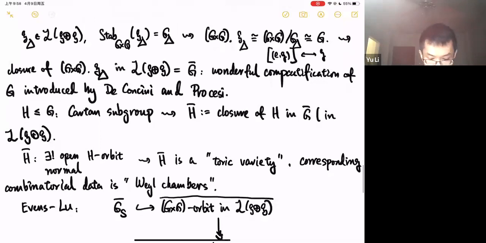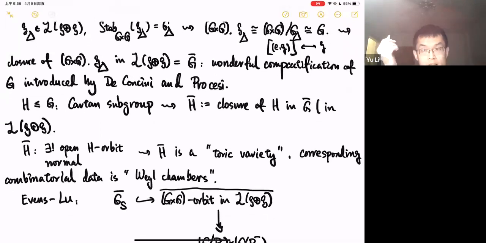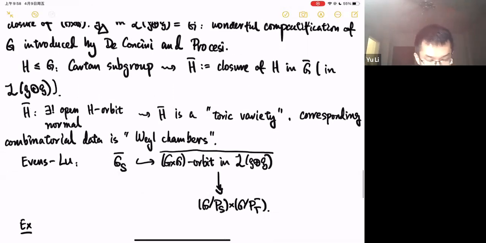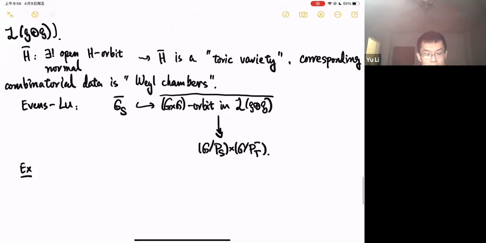Then if H is a Cartan subgroup, we can take the closure of H inside G bar or inside the variety of Lagrangian subalgebras. This H bar has the following nice properties. For example, it has a unique open H orbit, which is H-equivariantly isomorphic to H, and it's also a normal variety.